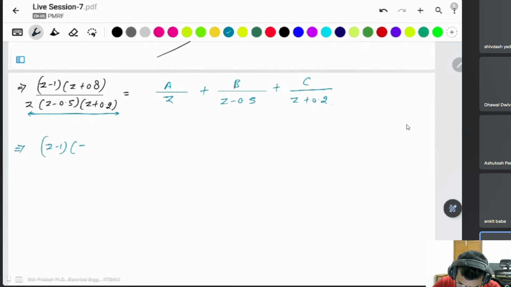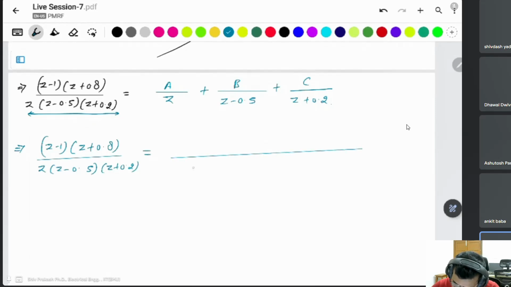(z minus 1)(z plus 0.8) over z(z minus 0.5)(z plus 0.2) on the left side. On the right side we take the LCM of all terms, which is the same as the left side denominator.